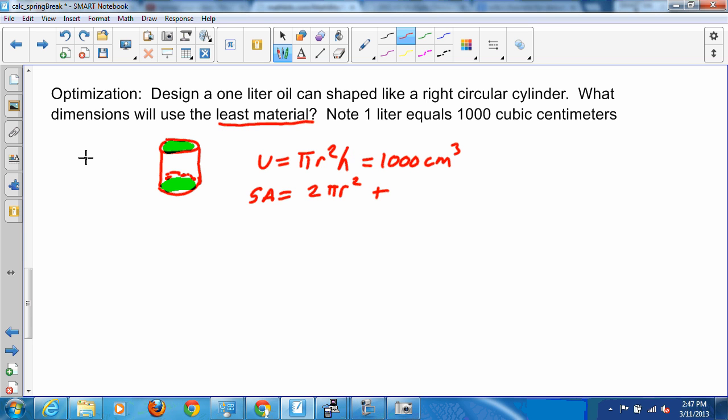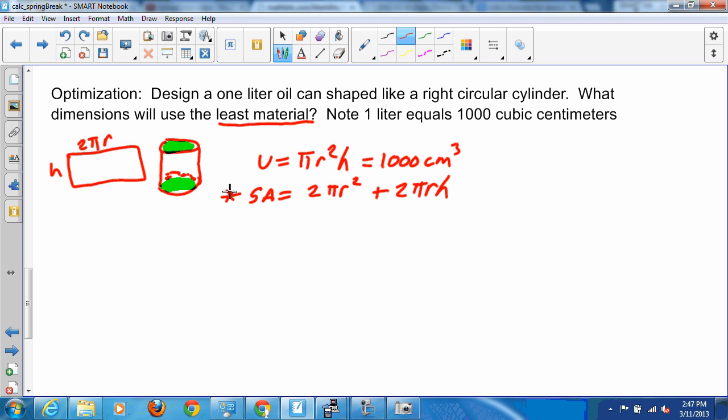If we cut the top and the bottom of the can out and stretch it out, we have something like this. So this right here is the height of it, and this is the circumference of the circle. So to find the area of this, it's 2 pi r times h.